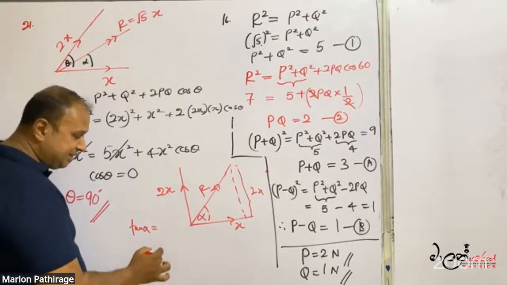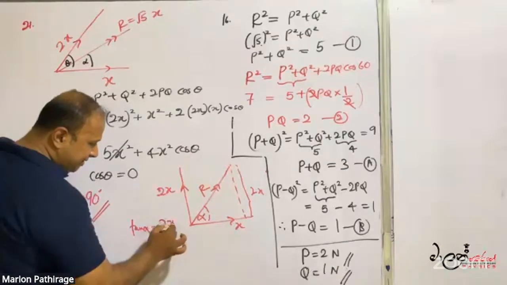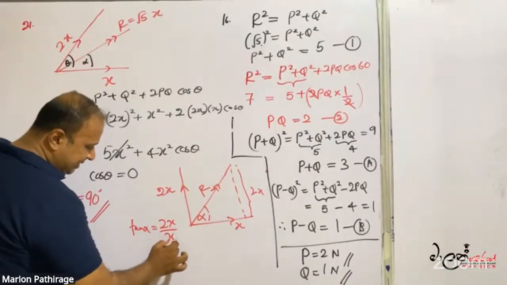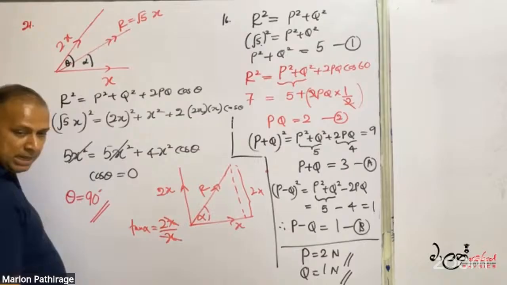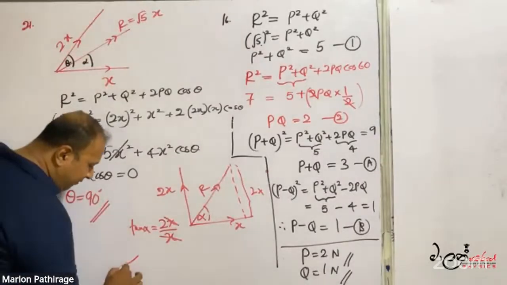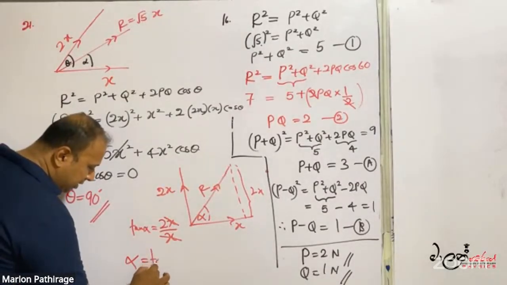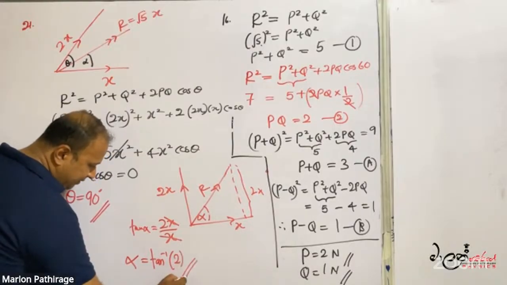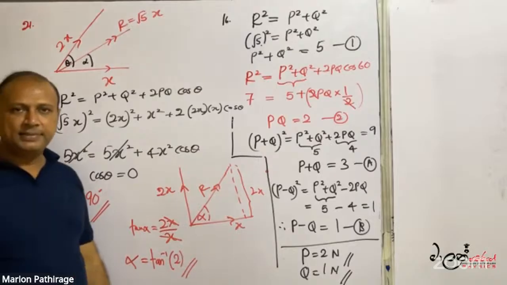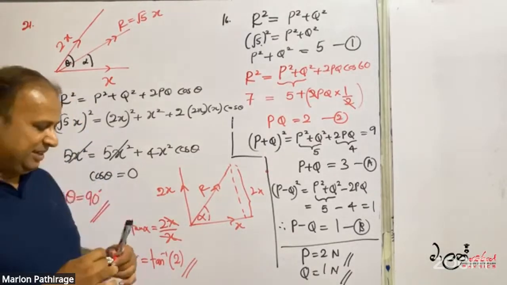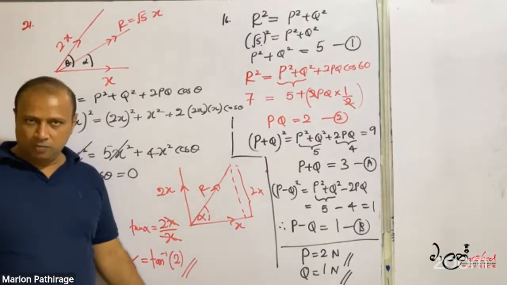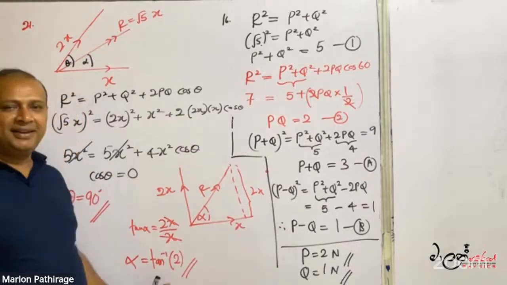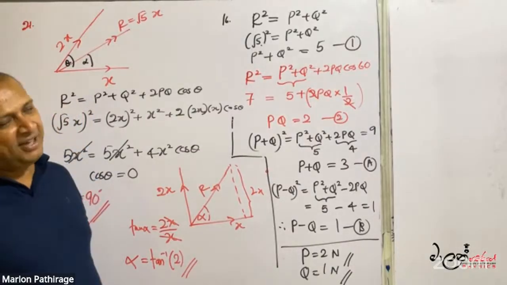Adjacent side is x. The x and x will cancel out. Therefore, alpha should be equal to tan inverse 2. If you have a logbook, you can take the value of tan inverse 2. Otherwise, it is approximately 63.4 degrees.